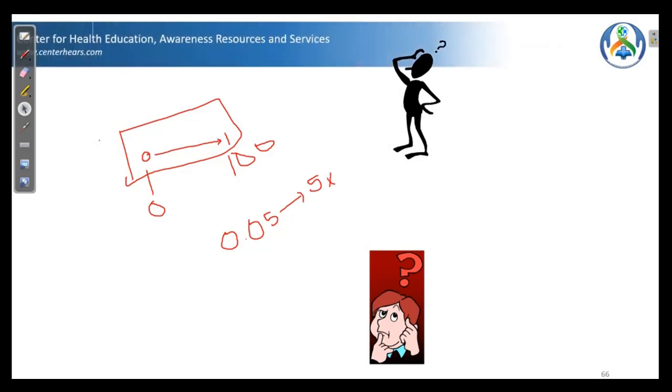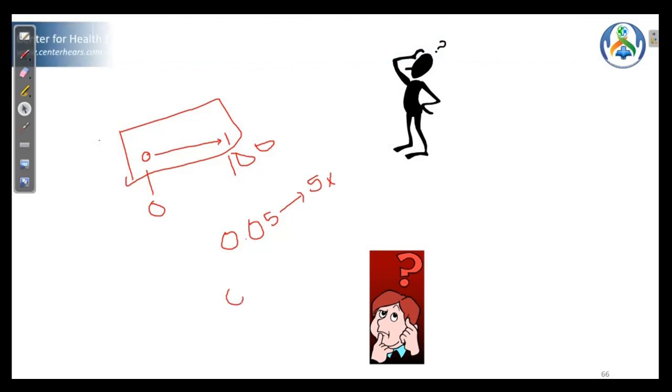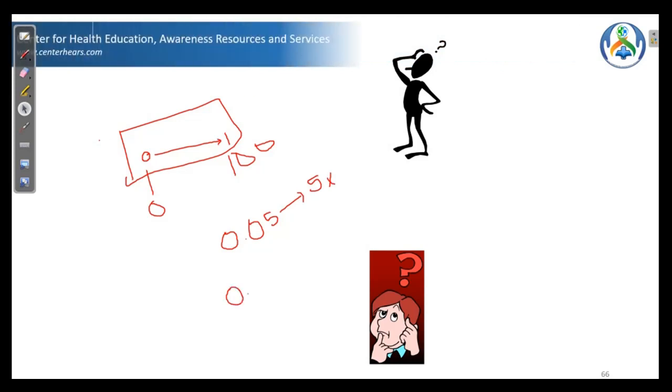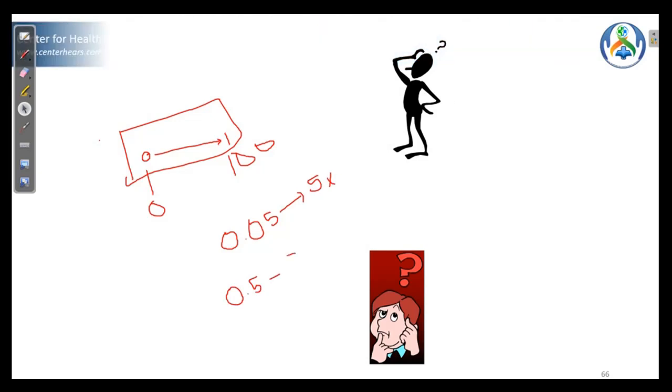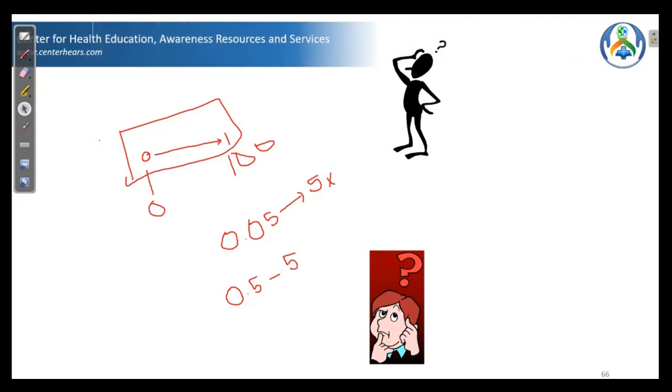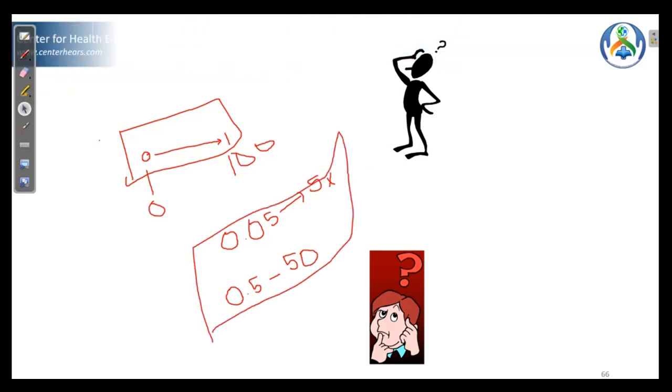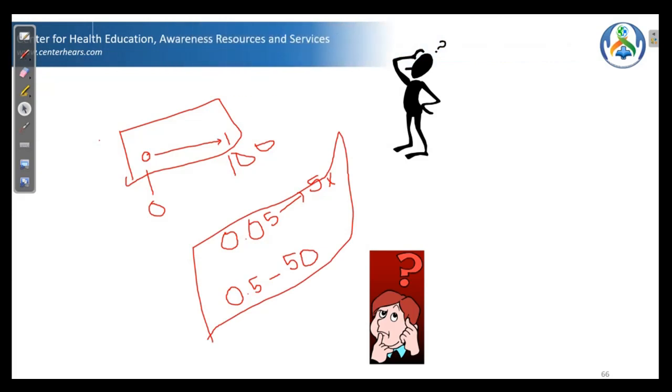And if it is 0.5, that means the probability of occurrence is 50%, right? We should try to understand this, because these terms and these digits will come again and again.